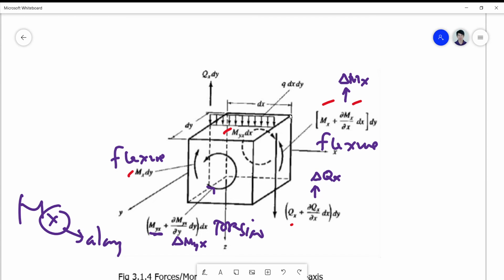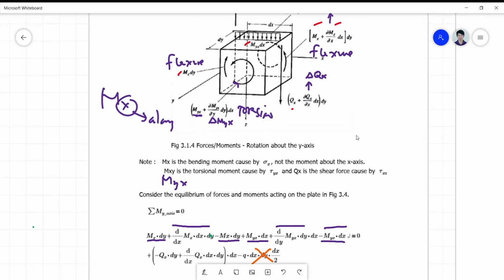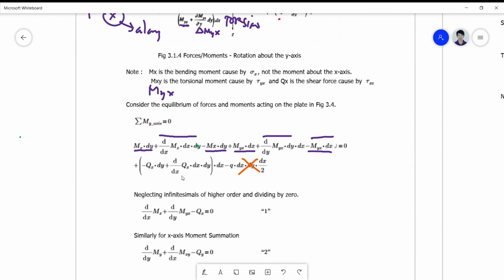So the moment arm will simply be a dx there. So again, you will be having a triple product of dx, dx, and dy, making it also negligible in that case.